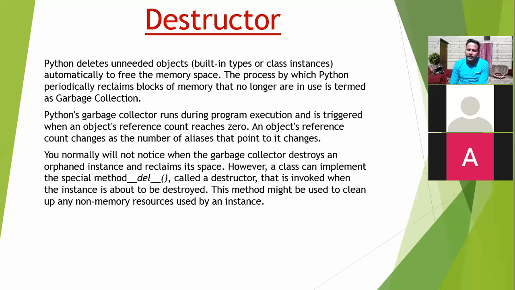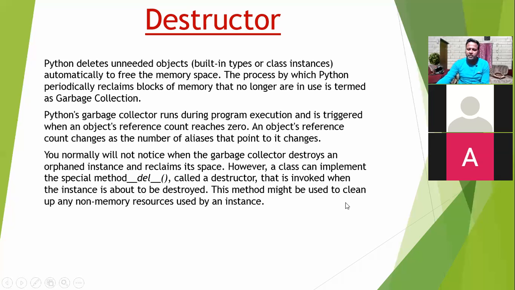So for deallocating the memory we are using this destructor. You normally will not notice when the garbage collector destroys an orphaned instance or reclaims its space. However, a class can implement a special method, del, called the destructor, that is invoked when the instance is about to be destroyed.